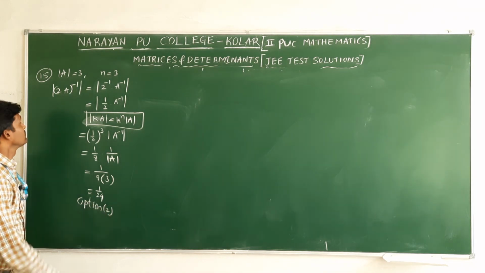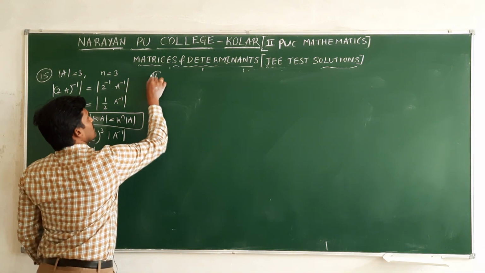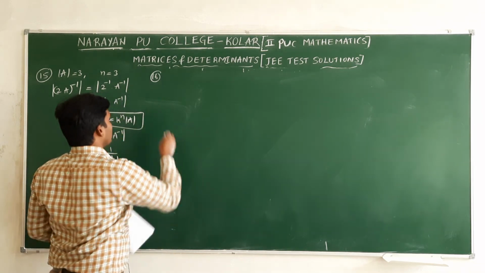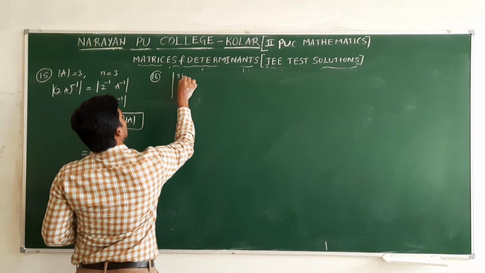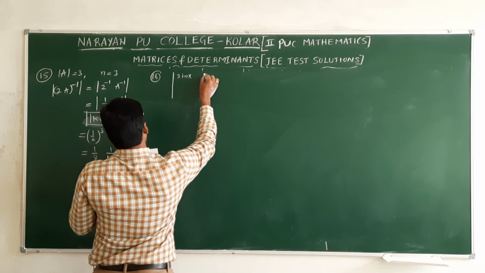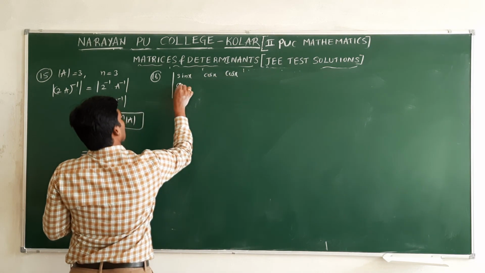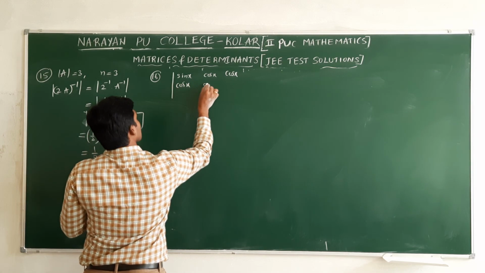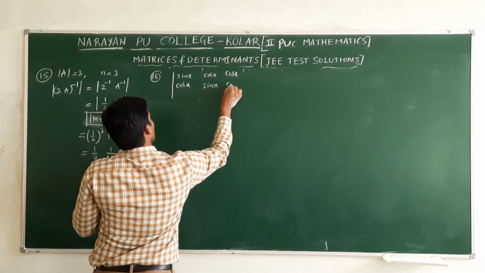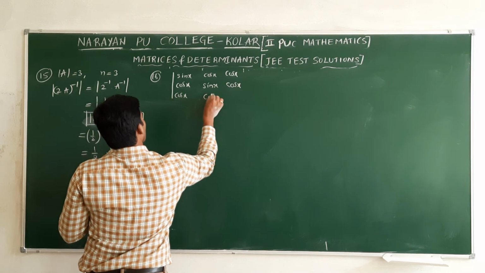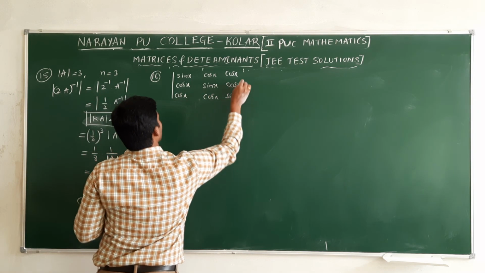Next, 16th problem. The number of distinct real roots of the determinant with rows sin x, cos x, cos x; cos x, sin x, cos x; cos x, cos x, sin x.